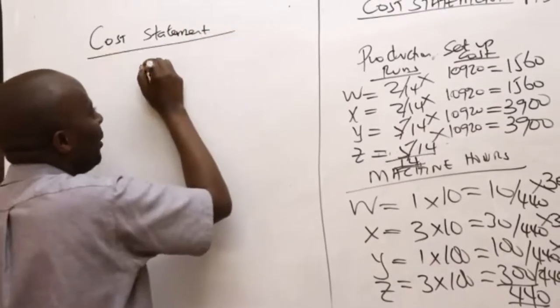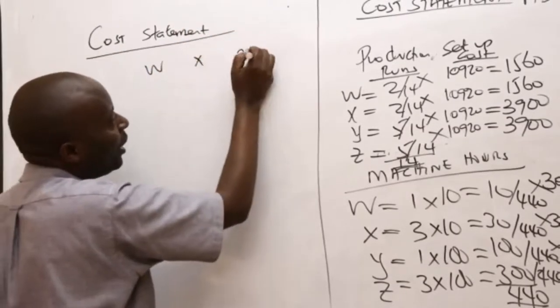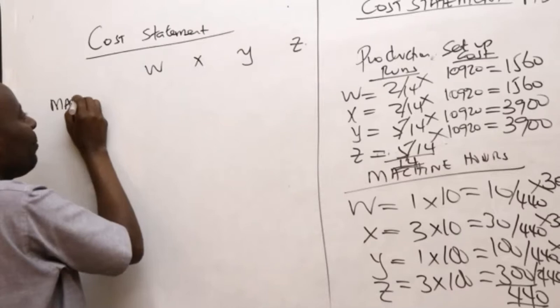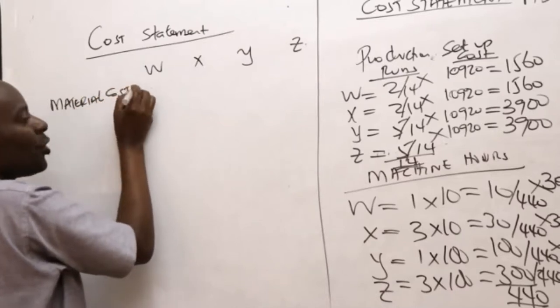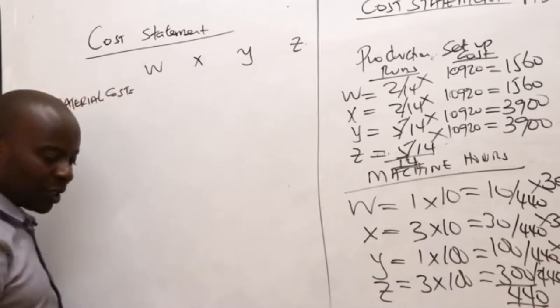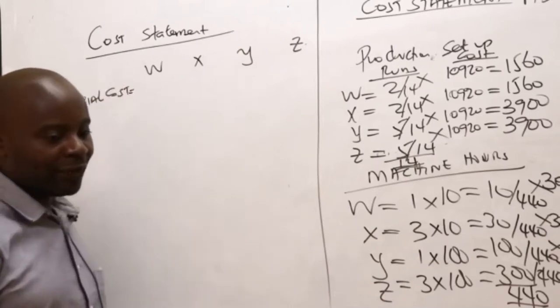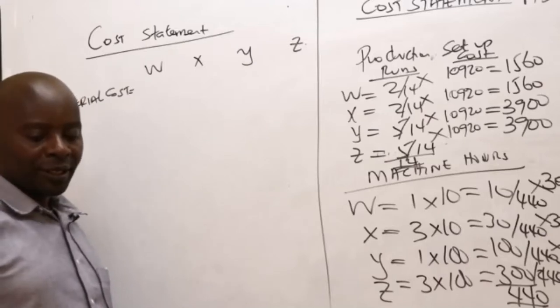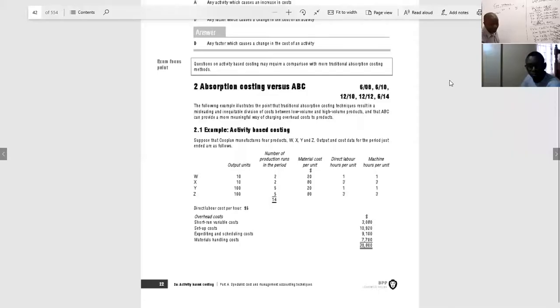So we have W, X, Y and Z. We begin with the material cost, the prime cost. We did material cost in the first schedule, when we did the conventional costing, with those material costs and labor costs. Material cost, what do we have there, somebody?